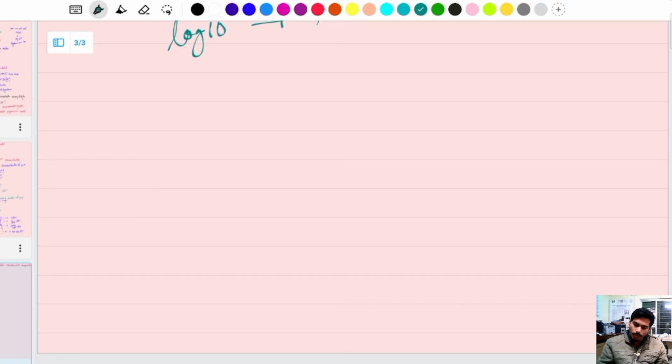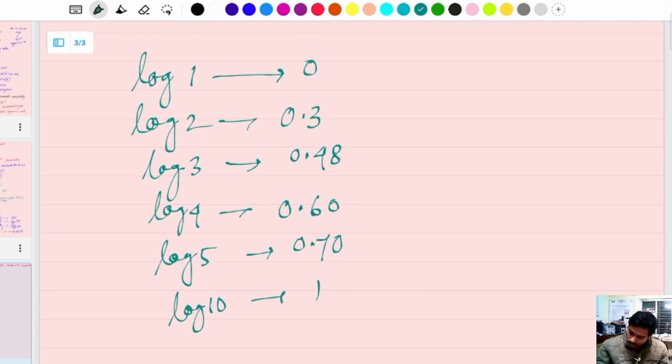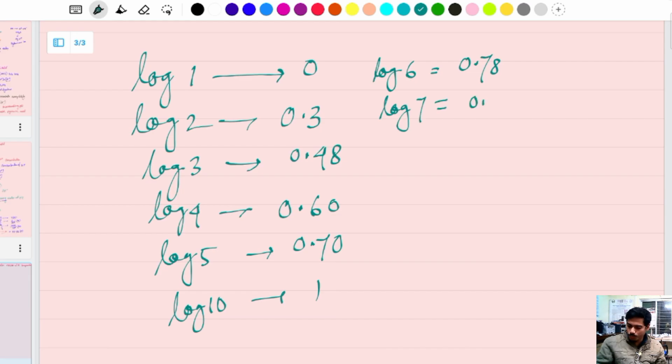Also you can write down log 5, log 6, log 6 is 0.78, log 7 will be 0.85, log 8 is missing, sorry, log 8 is 0.9, and log 9 is 0.95.